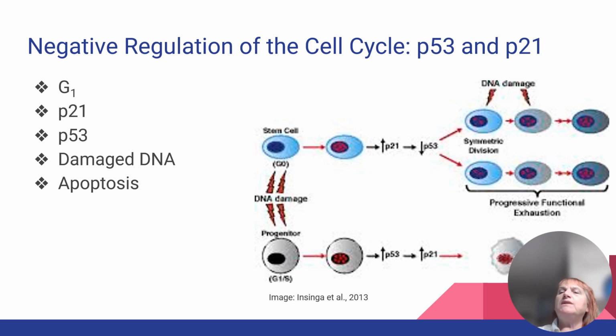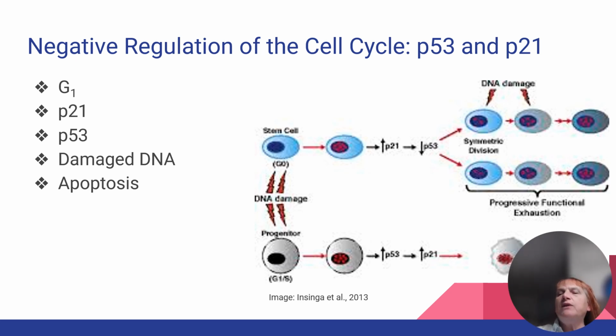P53 is a protein that halts the cell cycle at G1 if damaged DNA is detected. P53 also calls in enzymes to repair that DNA. If for some reason the DNA cannot be repaired, P53 can trigger apoptosis, or cell suicide, in that cell to prevent duplication. Destroy the cell so that there is no way that it can possibly be duplicated.